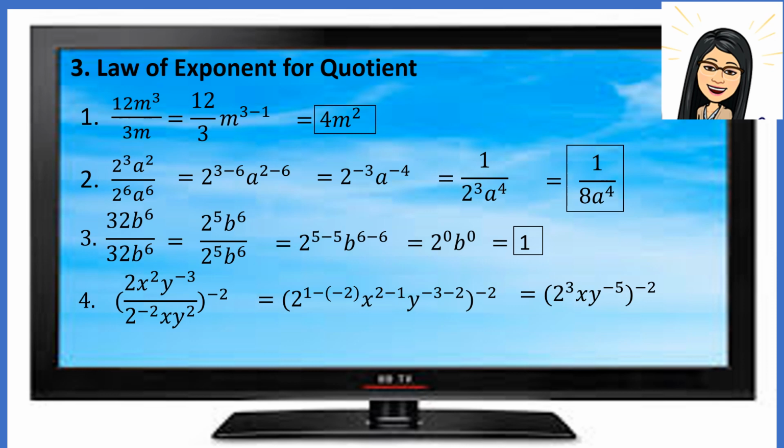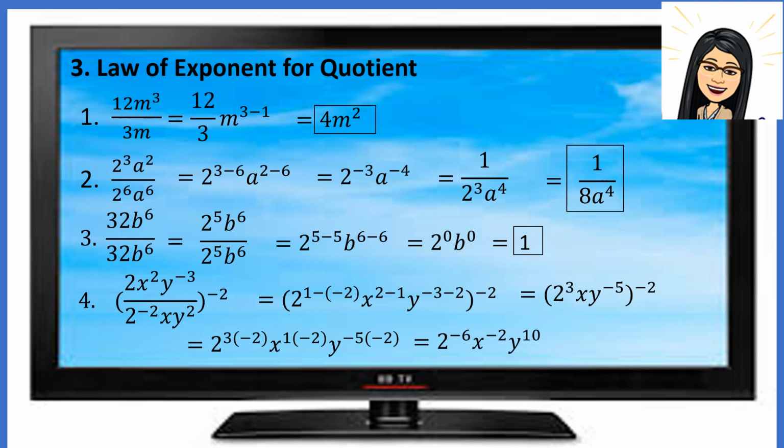Then apply the law of exponent for power of a product. In detailed solution, it will be 2 raised to 3 times negative 2. That is now 2 raised to negative 6. x as the base, raised to 1 times negative 2, that is equals x raised to negative 2. And for y, raised to negative 5 times negative 2, that is y raised to 10.